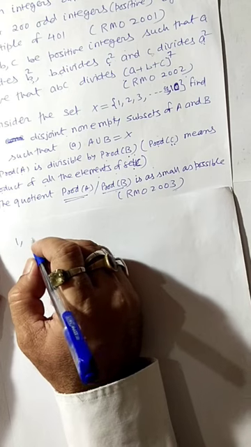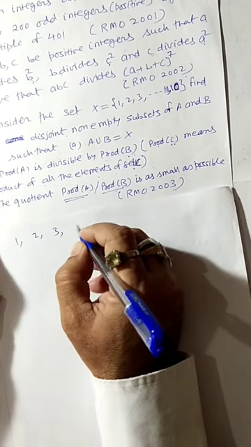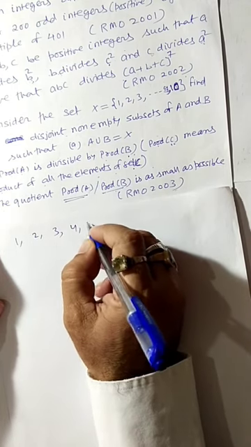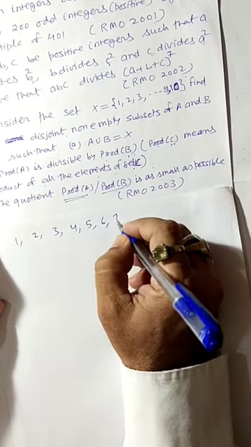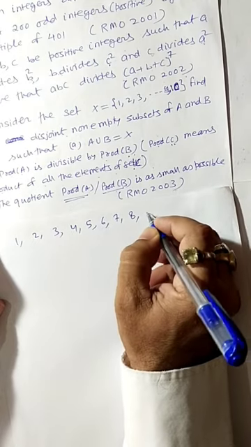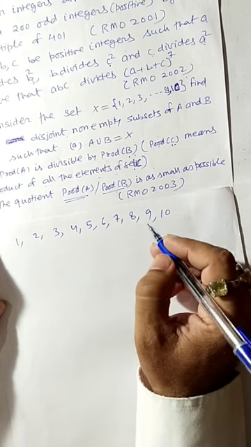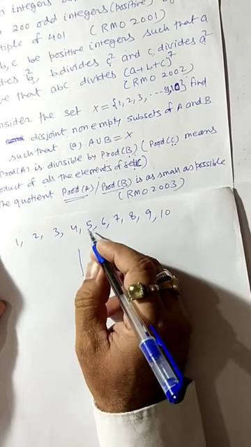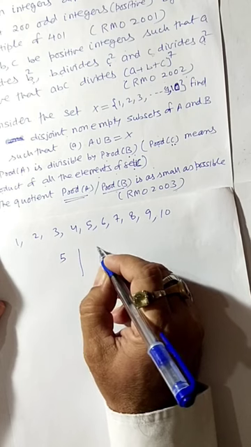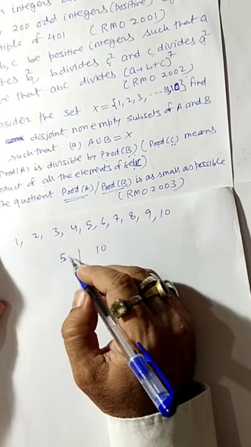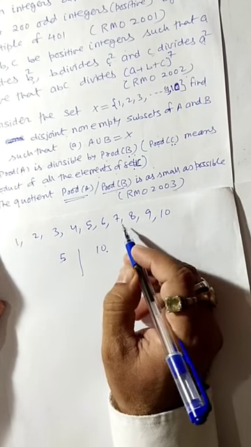So here 1, 2, 3, 4, 5, 6, 7, 8, 9. We need the quotient to be minimum. So for a minimum quotient, on one side we will have 5, and on the other side 10, so that 5 and 10 can be cancelled.